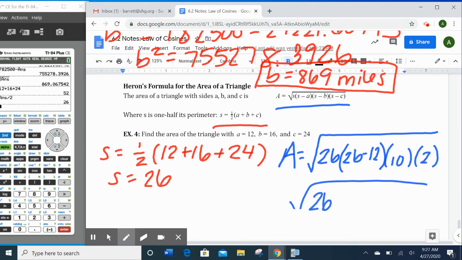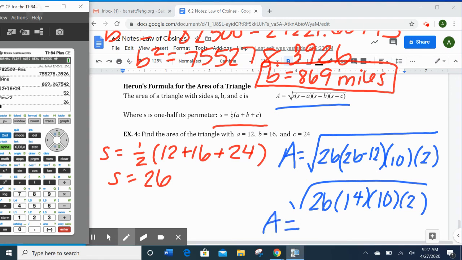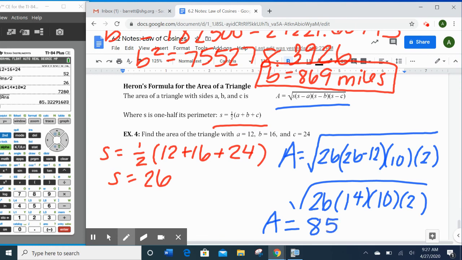So I'm taking the square root of 26 times 14 times 10 times 2. So when I take 26 times 14 times 10 times 2, I get that. And then when I take the square root, I get that the area is 85 units squared.